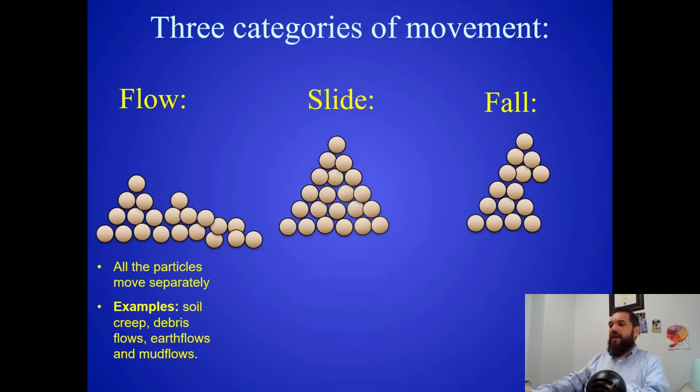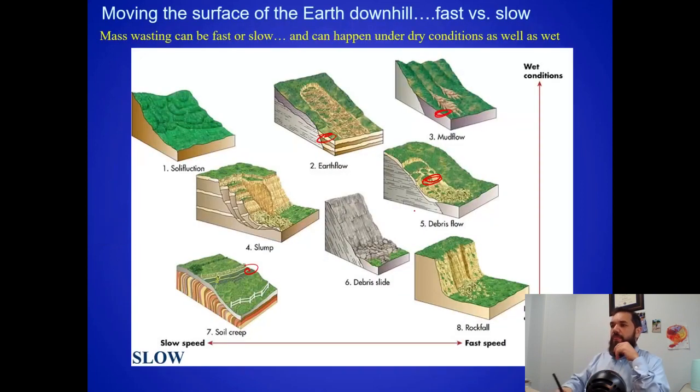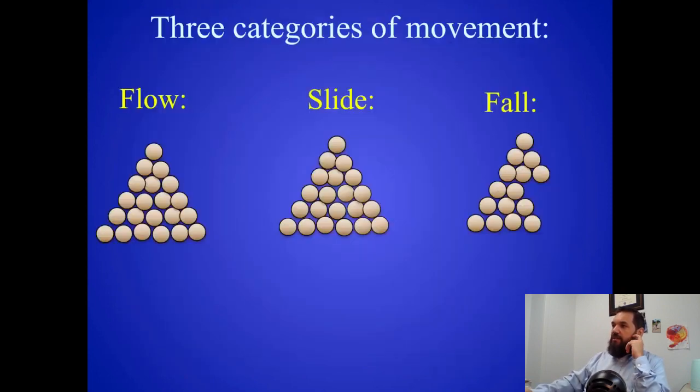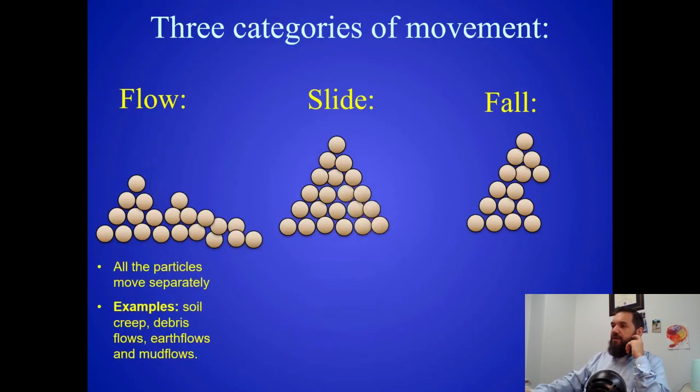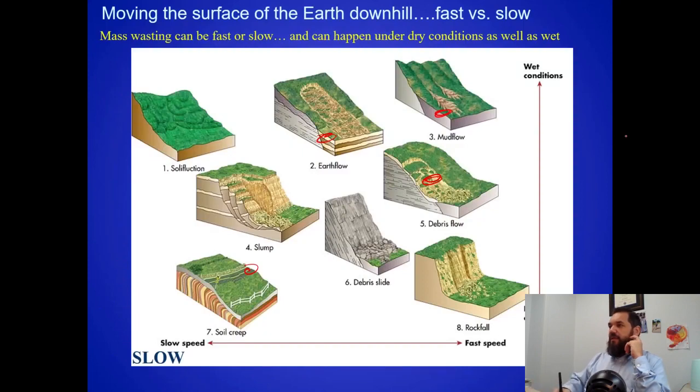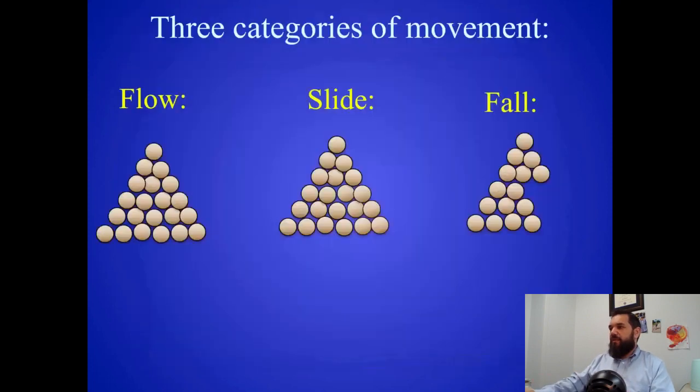Things like slumps, rock slides, or debris slides are good examples of this. You can see here a slump. I hope you can see in this picture how there's a coherent block of material that stays intact and slides downhill. Same thing here with the debris slide. We'll cover more of that a little bit later.